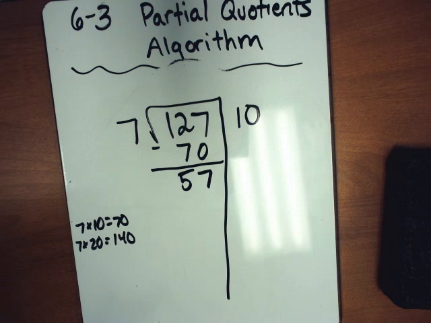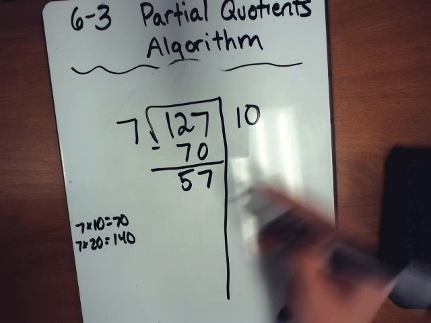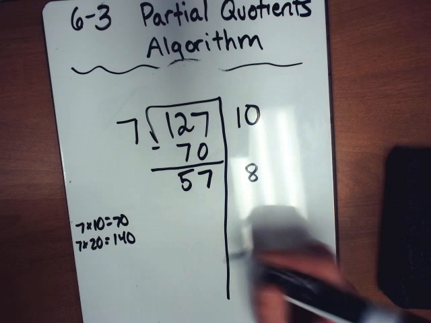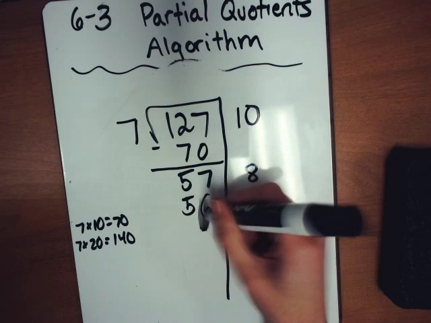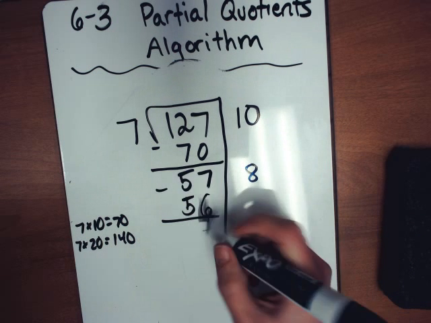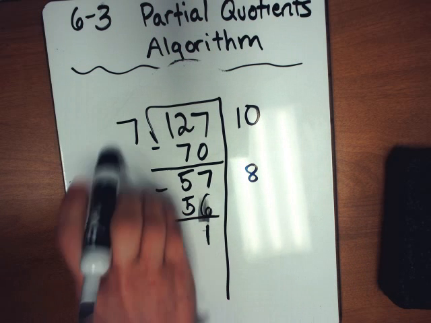Well, I know a basic math fact, 7 times 8 is 56. That gets me really close here to 57. So I've got 7 times 8 is 56. And then I have 1 left over. As I'm looking here, I know I can't break 1 into 7 equal groups.